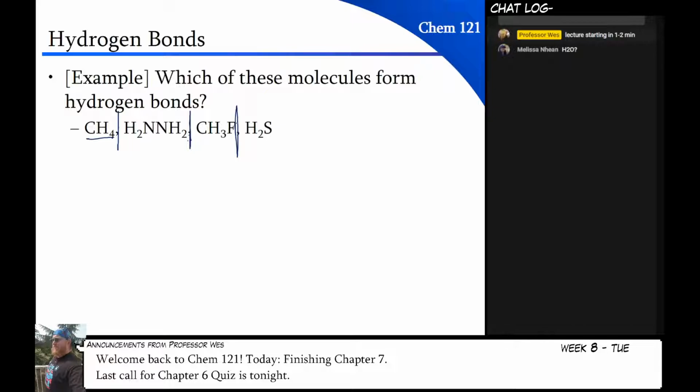I'm going to give you like 5 minutes to draw these Lewis structures. And if you can form a hydrogen bond between a molecule and another copy of itself, try and draw that on your paper. We'll go over the answers in about 5 minutes.